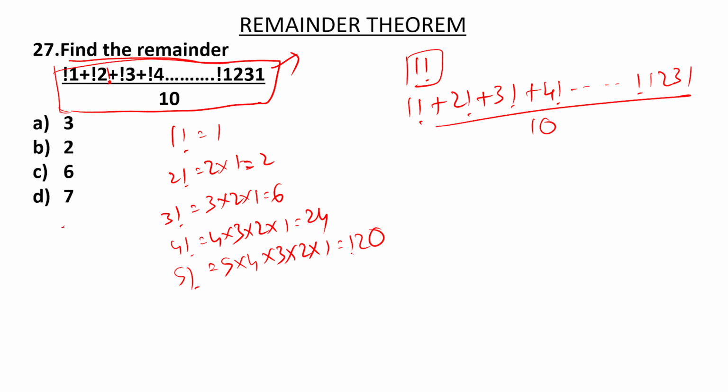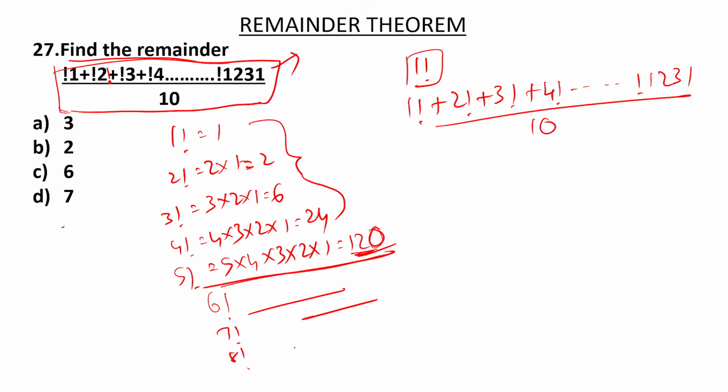As you can see, up to here we didn't get any zero in the units place, but from 5 factorial we got a zero in the units place. As we move on in this order, we always get a zero in the units place.